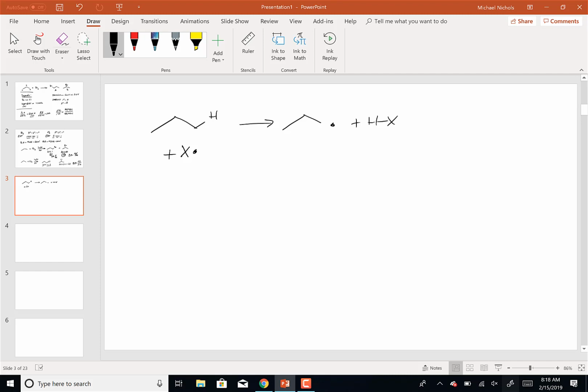So one of the things that we have to think about here is, okay, I'm forming the same primary radical in bromination and in chlorination. Or I'm forming the same secondary radical. So why are the selectivities so much different? It's not dependent on the structure of the radical, because they're the same. So it must be something about the halogen itself.